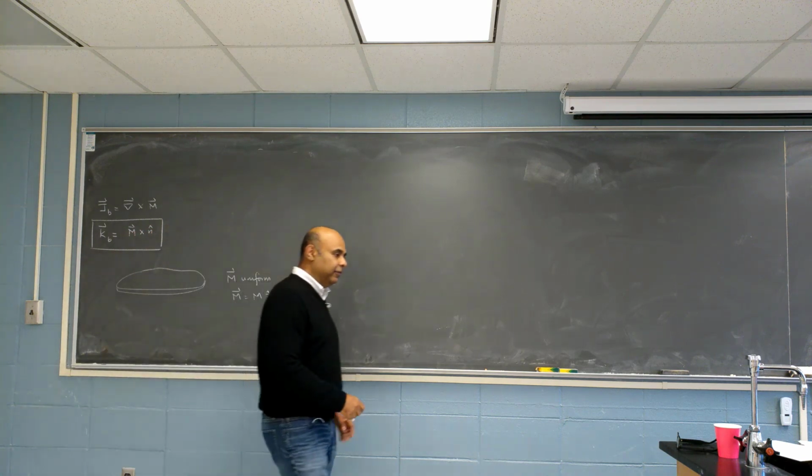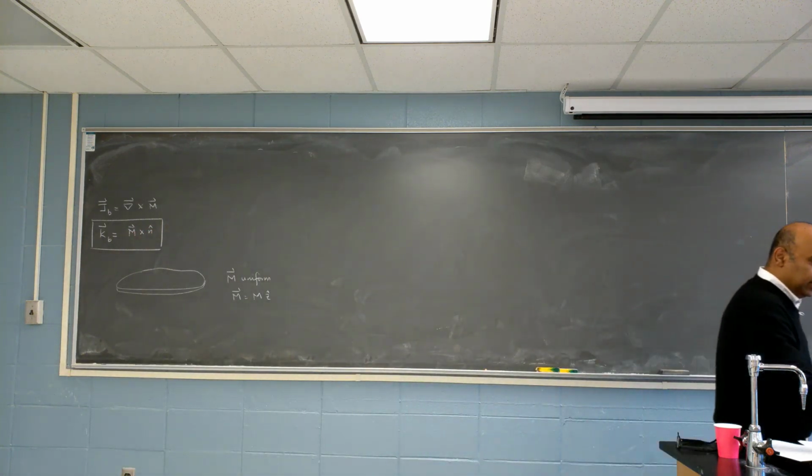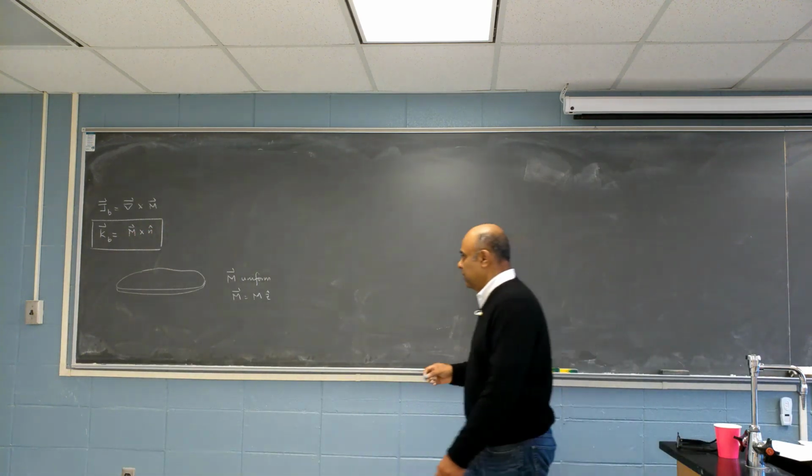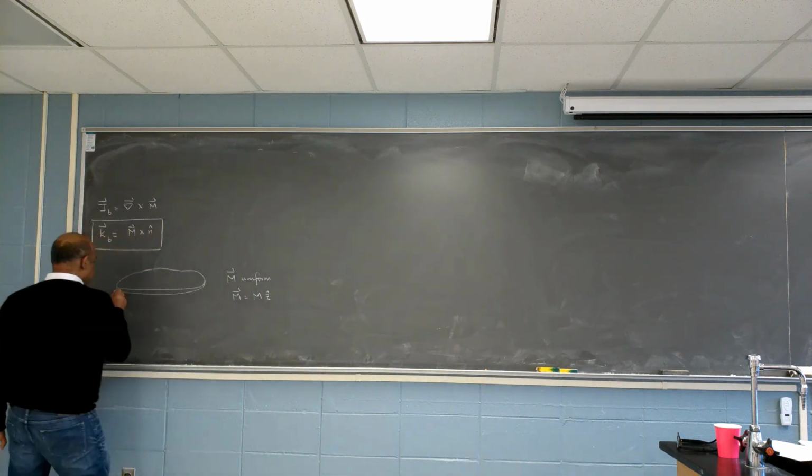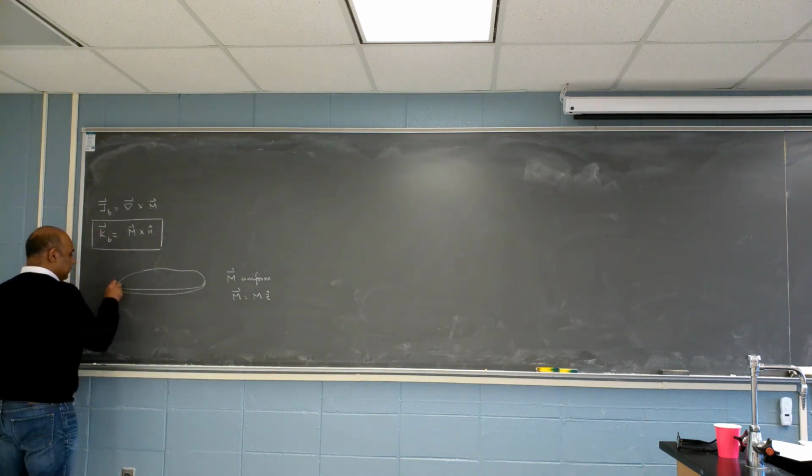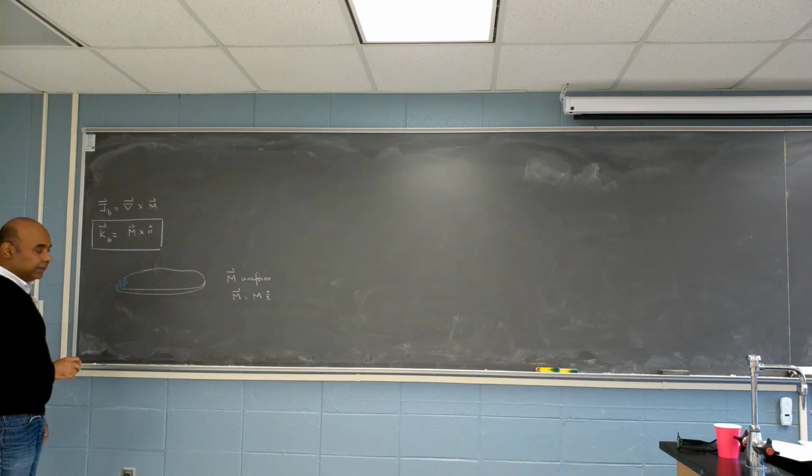So what you have are these tight loops of magnetic dipoles. I should have made them uniform. You know, these small loops of magnetic dipoles.